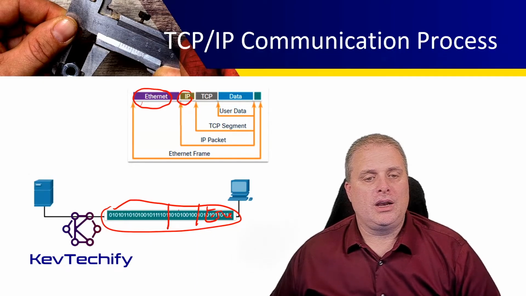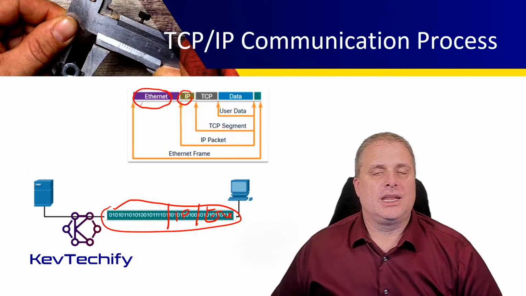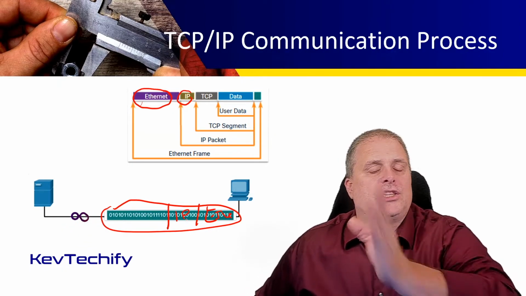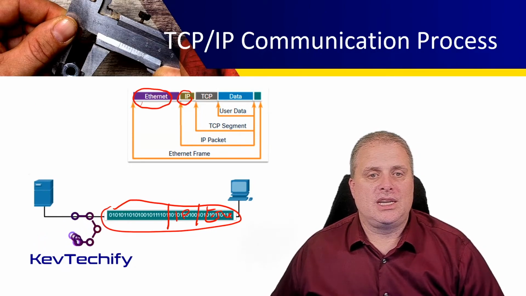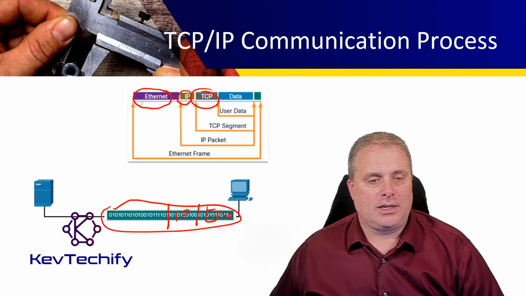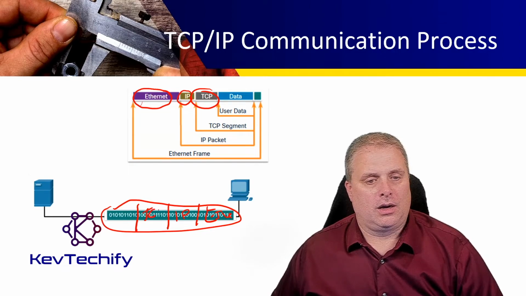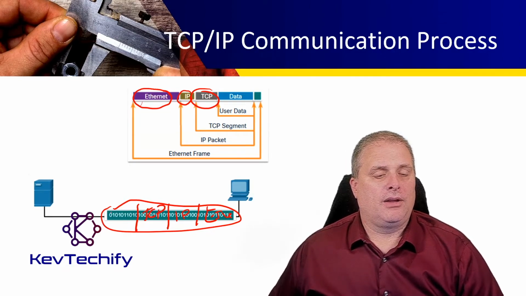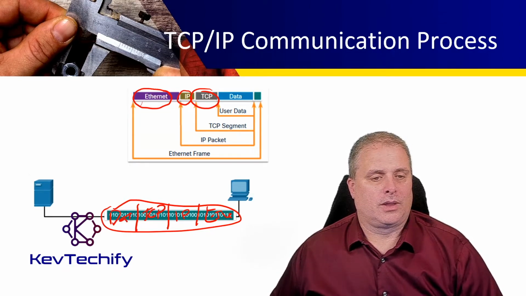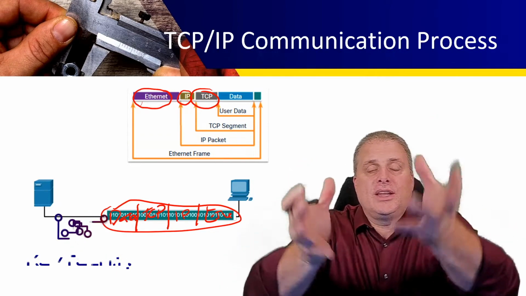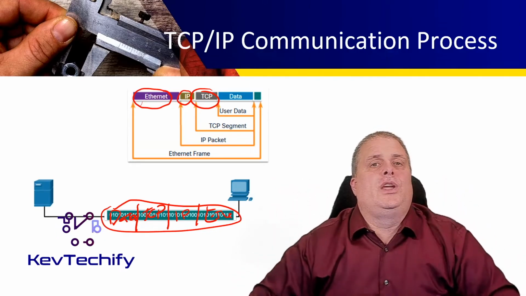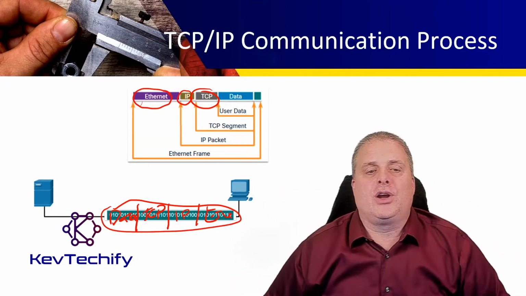Then the next part here is the IP header. This is the IP address, making sure it gets to its end destination at that point in time. Then we have some TCP information here. And then finally we have our data. We take that information off, and then we get down to the raw data. That's what we can use, so we can display that picture on the screen.